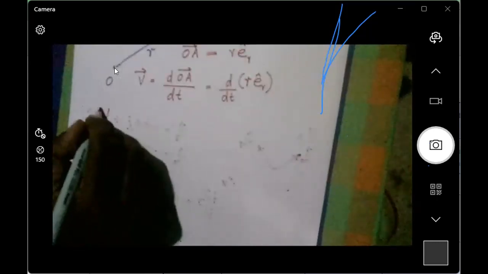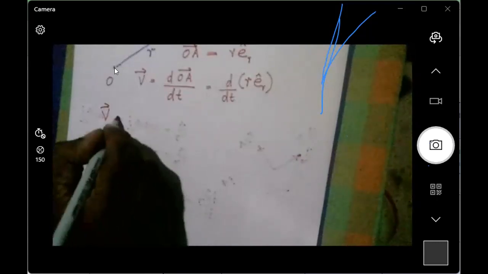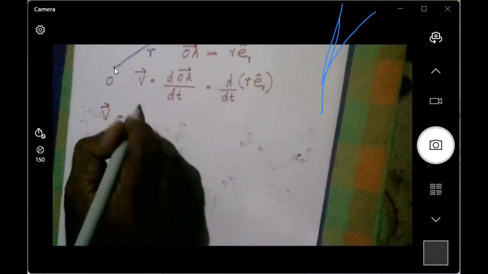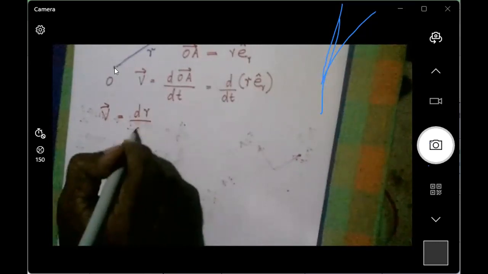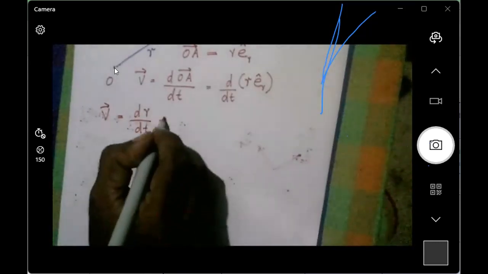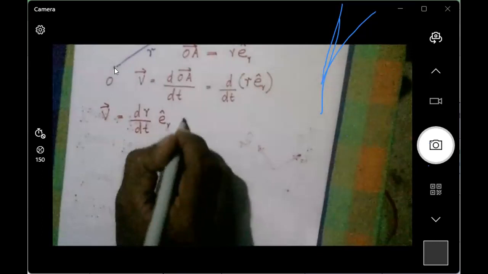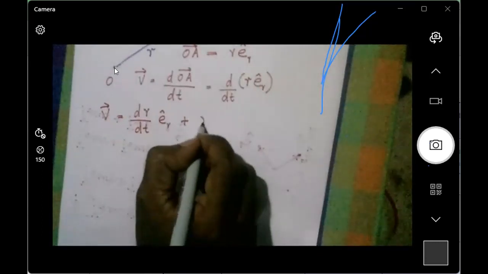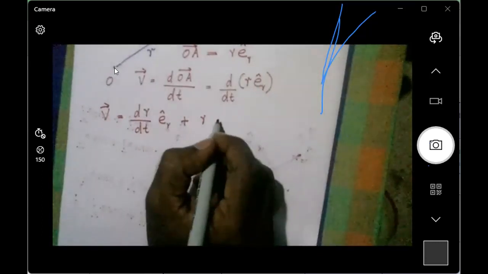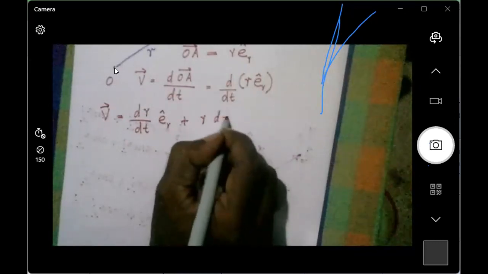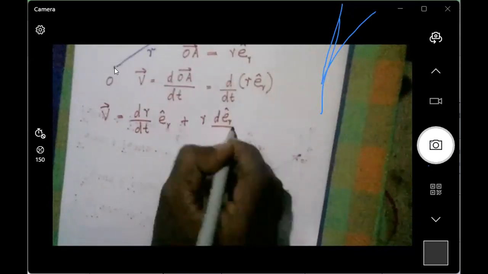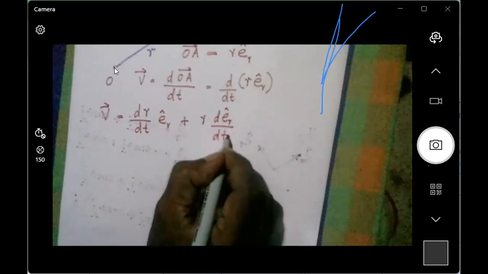So what is going to happen? dr over dt into e r hat plus r d e r over dt.